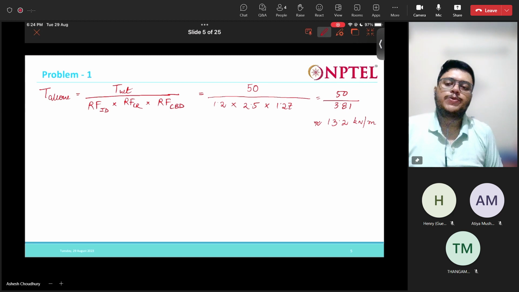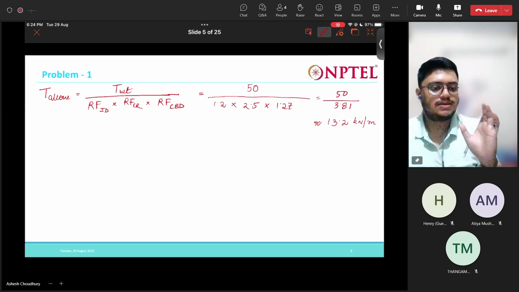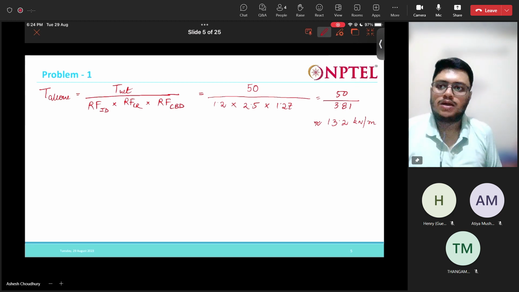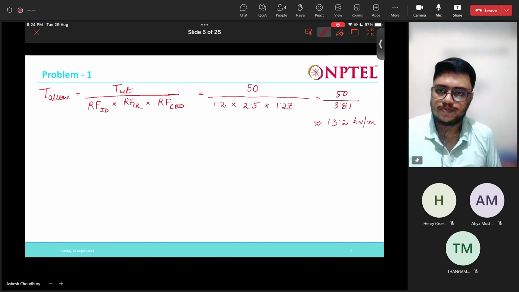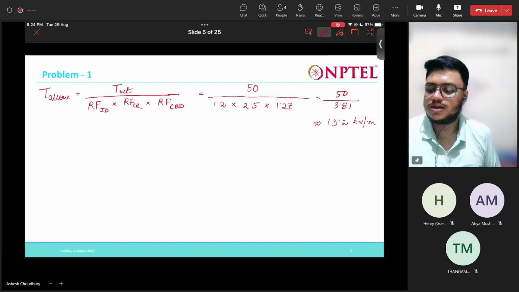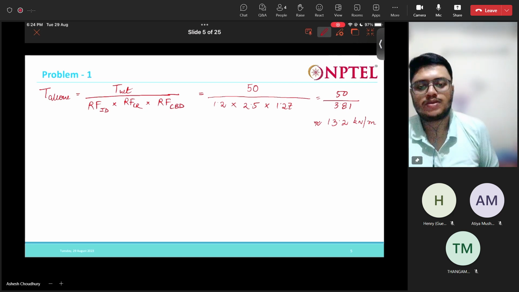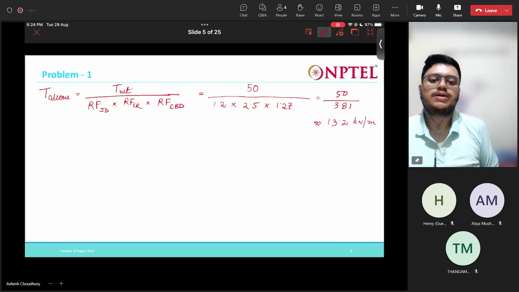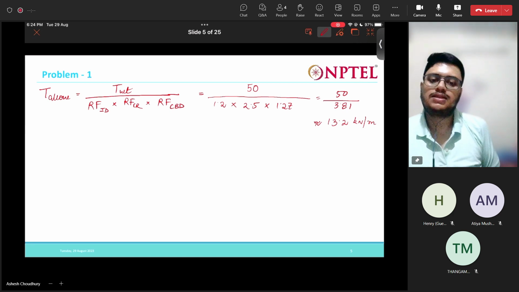Now we will be coming to the main part, that is the determination of spacing. The spacing is to be determined in such a way that this rupture criteria is satisfied. We will be designing the spacing in such a way.